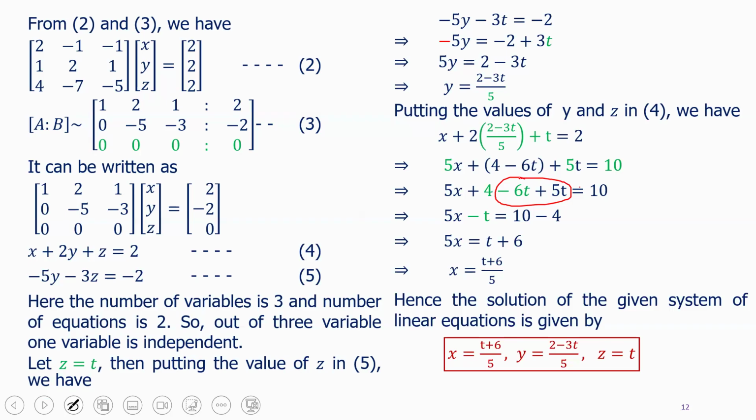If you put one value of t, we get one set of answers; for another value of t, we get another set. So when we substitute different values of t, we get different values of x, y, z. That's why this is called infinitely many solutions. So thank you, everyone.